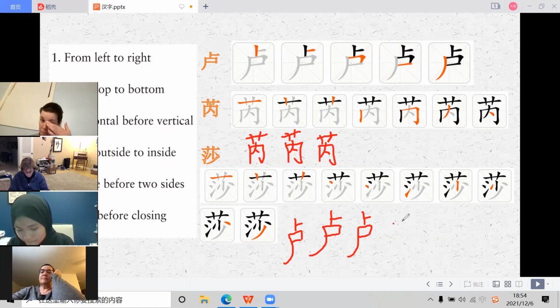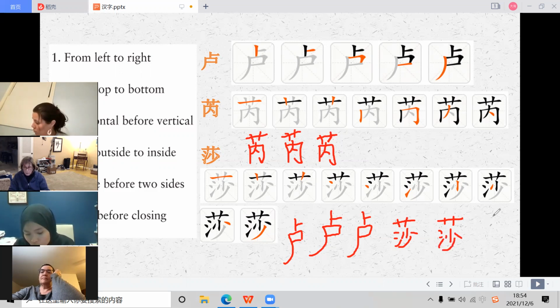And 杀: top, middle, side, top, left, middle, 2 sides.